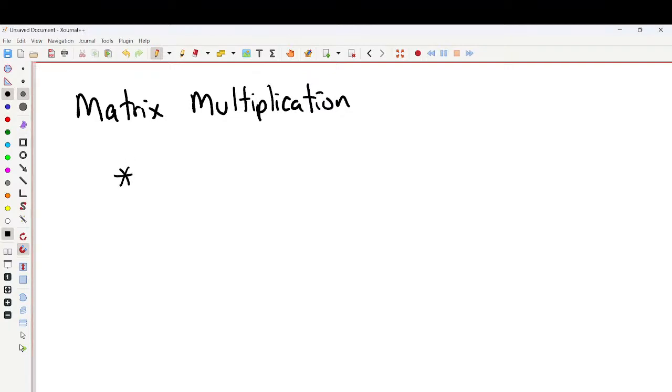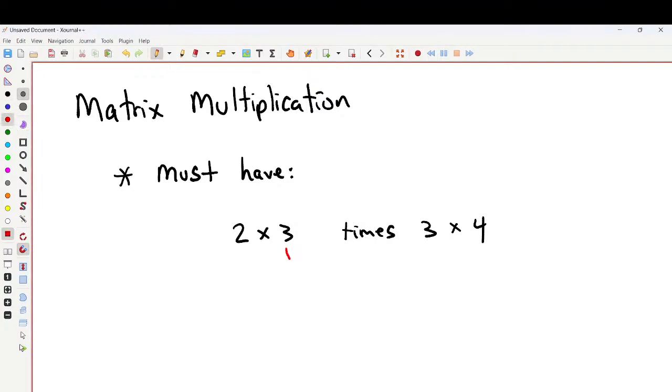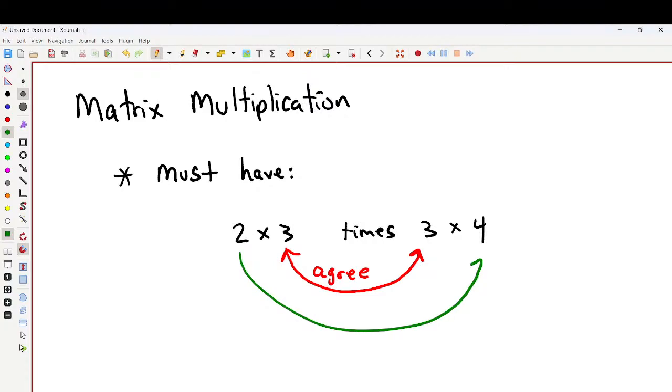Bottom line here, we must have this be true. So just going to do it with the concrete example.